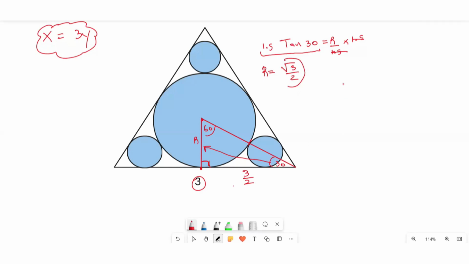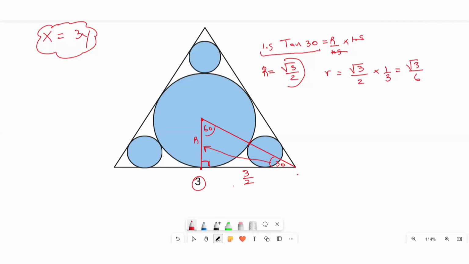So this R, the radius for the bigger circle, is actually root 3 over 2. Let me call the radius for the smaller circle little r. Remember that the bigger circle is 3 times it. If I take the bigger circle radius and multiply it by a third, I'm going to get the smaller radius. So it is root 3 over 6. So here it is.